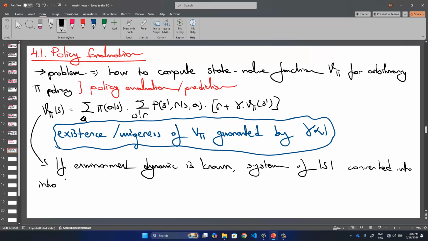Into a linear equation, okay? This is called a matrix, right? In S unknowns for V pi(s). That's it.